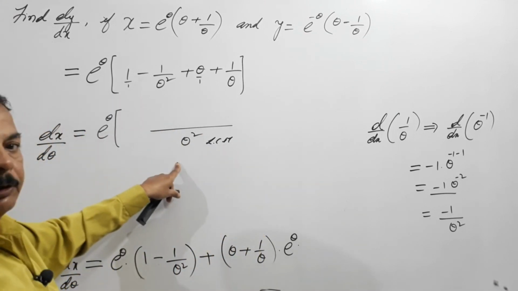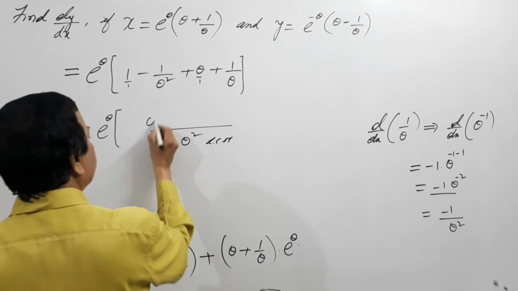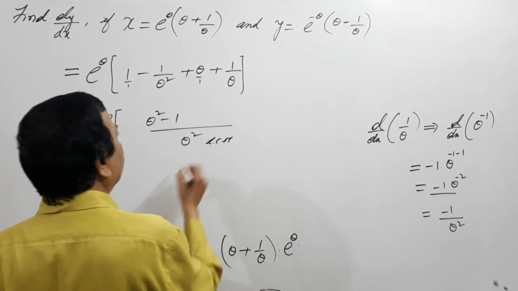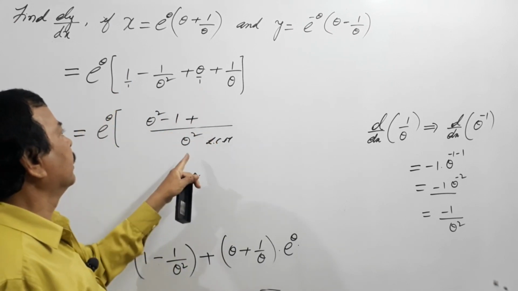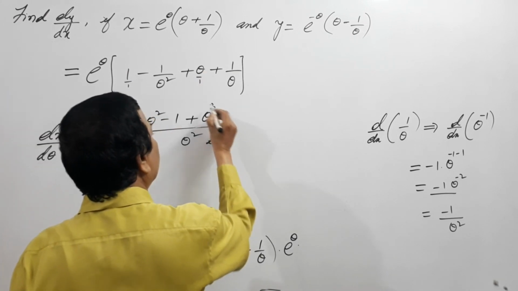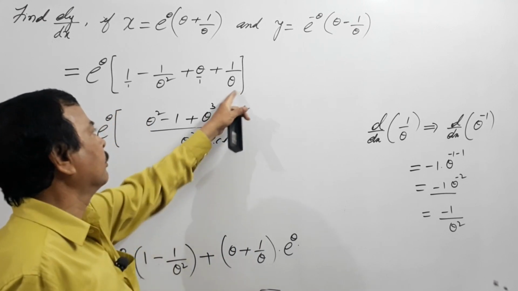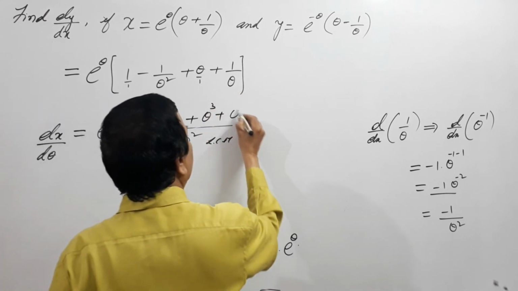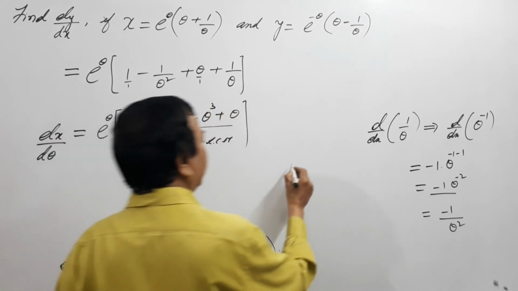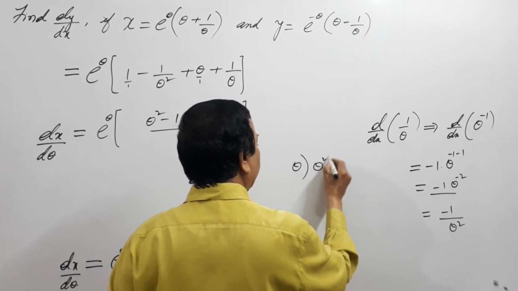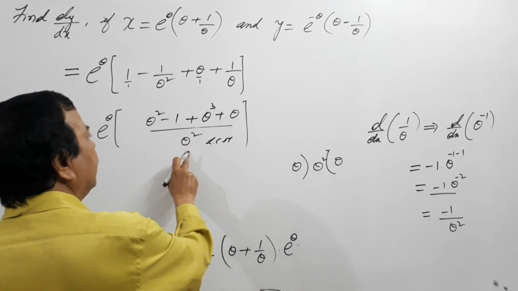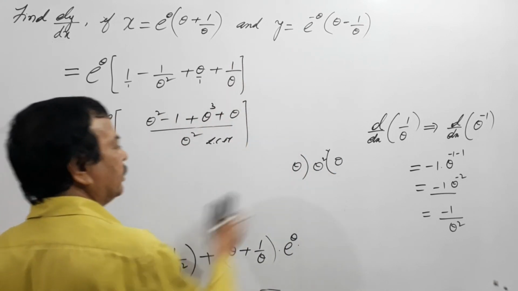Here 1 goes theta square times, so theta square into 1 is theta square, minus 1 into 1 is 1, plus theta square into theta will be theta cube, plus 1 goes theta. Theta divided by theta square, theta into theta is theta square, so 1 into theta is theta. Understood?